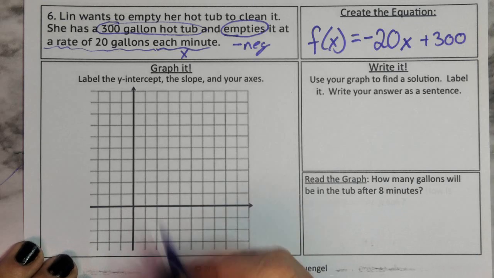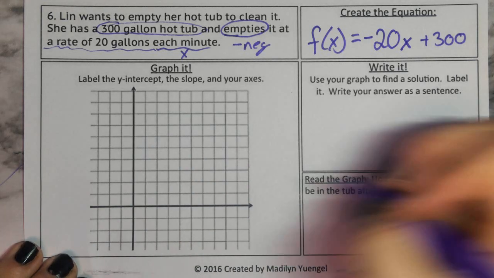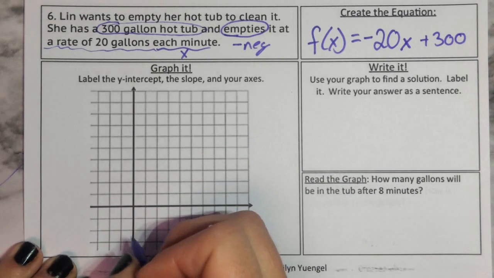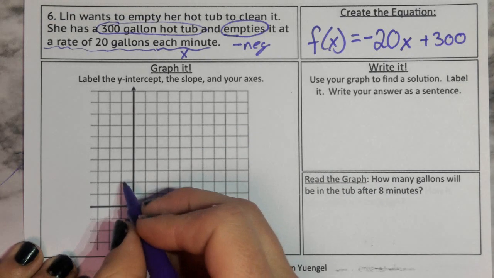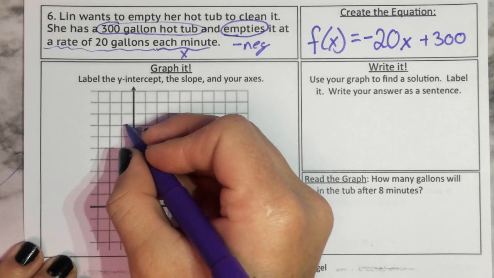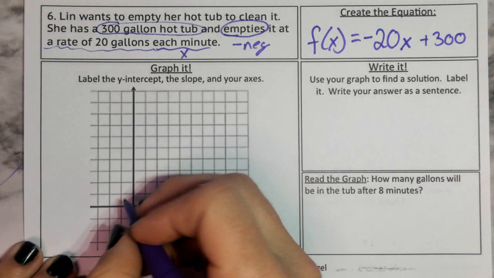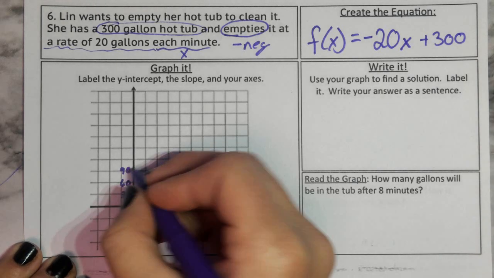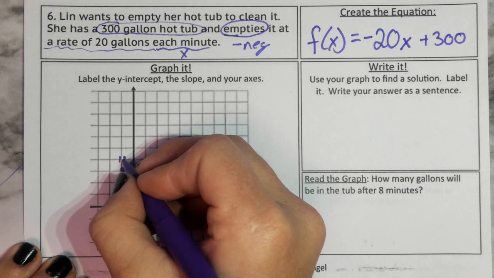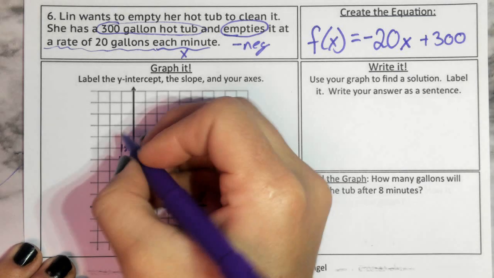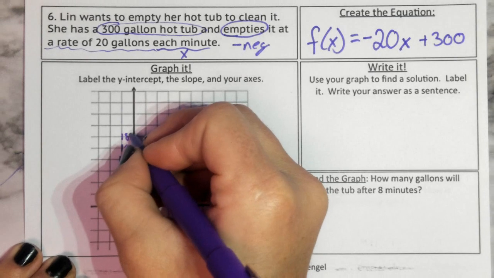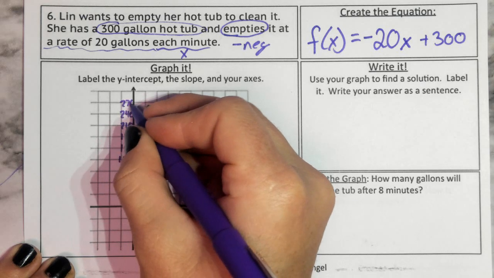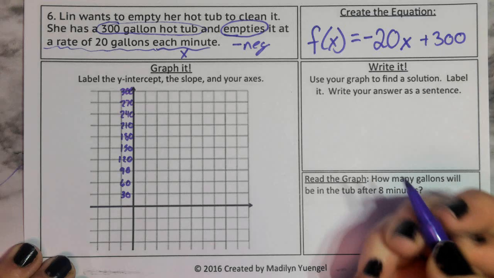Then we're going to come over here and we are going to graph. So I am counting 1, 2, 3, 4, 5, 6, 7, 8, 9, 10. We'll count by 30s: 30, 60, 90, 120, 150, 180, 210, 240, 270, and 300.